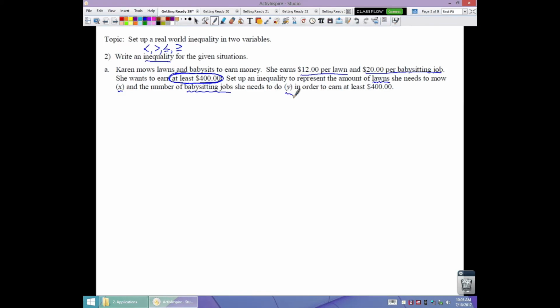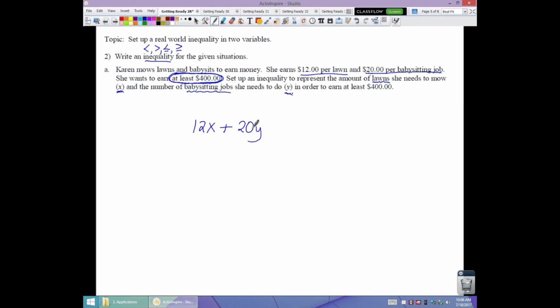So for each lawn, I'll get $12 and I'm going to do X of those. So 12X. Karen is also going to do some babysitting, and she will earn $20 Y times. So we're going to add on to our lawn money $20 for each babysitting job, of which there are Y. Now when we add those two values together, we want that to be at least, at the lowest, $400.